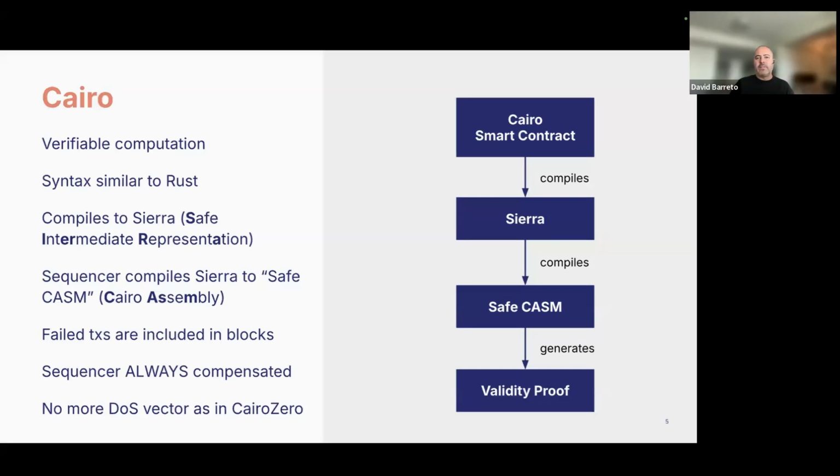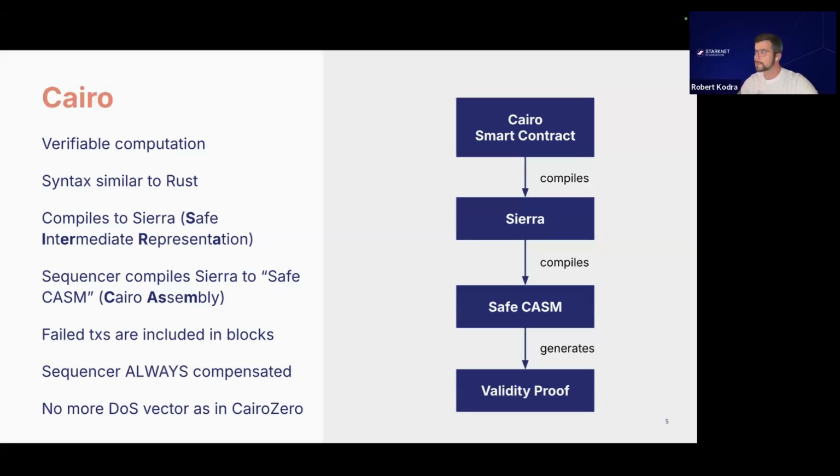I'm just guessing that the Safe Casm would be necessary for just regular Cairo. Yes. The Safe Casm is just for reverts. Exactly. So basically, Safe Casm helps with the reverted transactions. And one thing that I maybe forgot to say is that the sequencer compiles the Sierra file to Safe Casm. It's not the user that does that. It's the sequencer that does that.